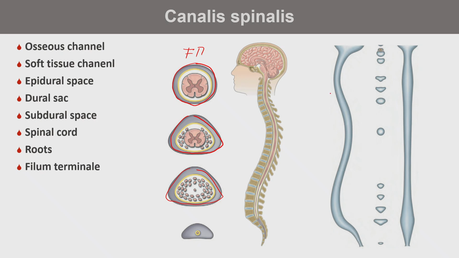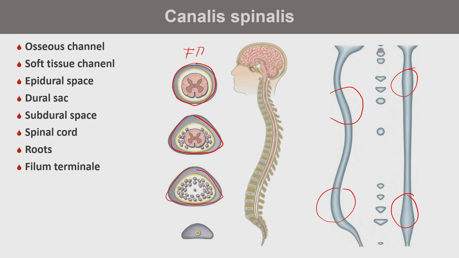We can observe that we have some parts where there are a little bit larger spaces in the spinal channel, in the dural sac, because there are very dense, very large and thick neural structures emerging from the spinal cord.